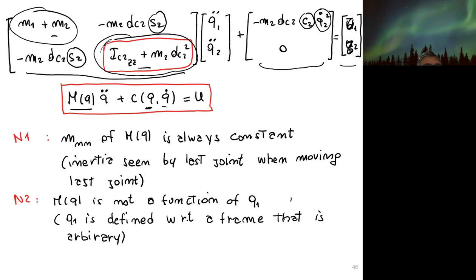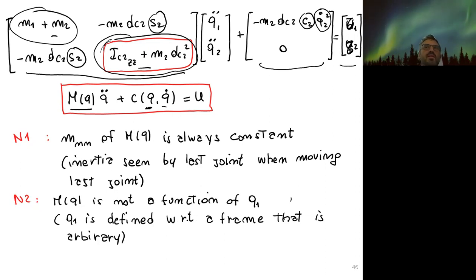Okay. The second observation you can do is that the inertia is never, for any robot, a function of the first joint coordinate Q1. Why? Because if it was a function of Q1, it would mean that you have an inertia that depends on the choice of the first reference frame.